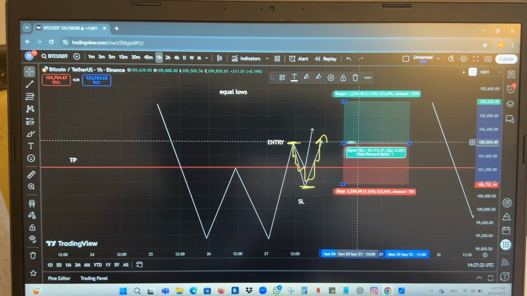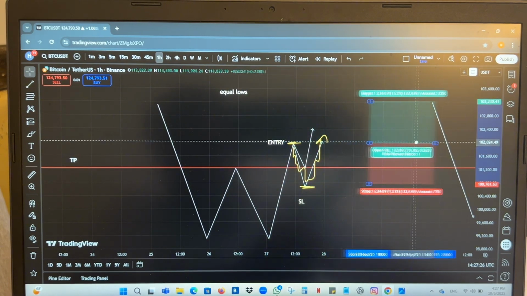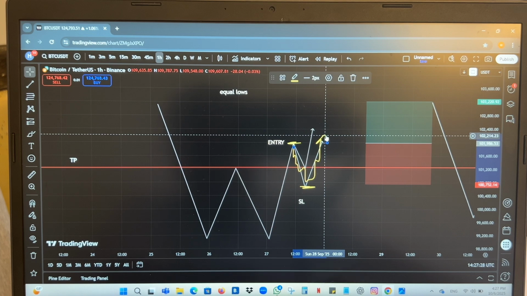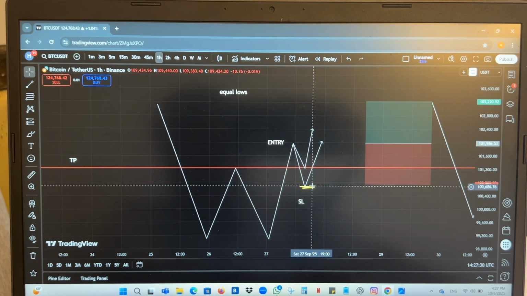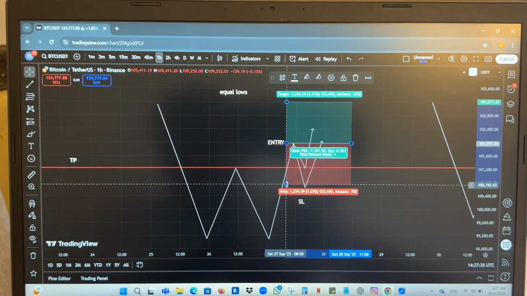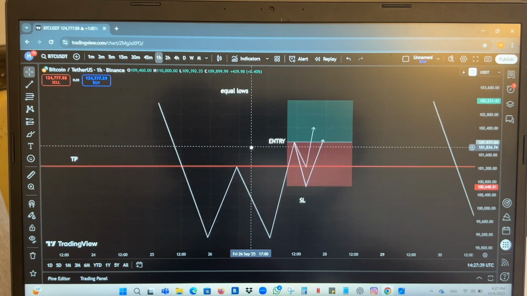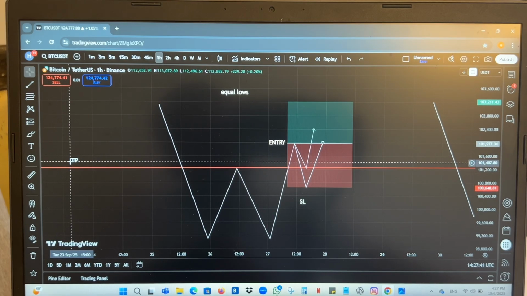So let's drag this in. We'll drag the stop loss here, entry is going to be here, and where are we going to put the TP?